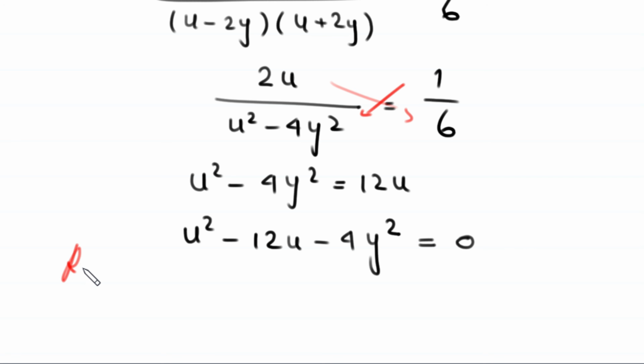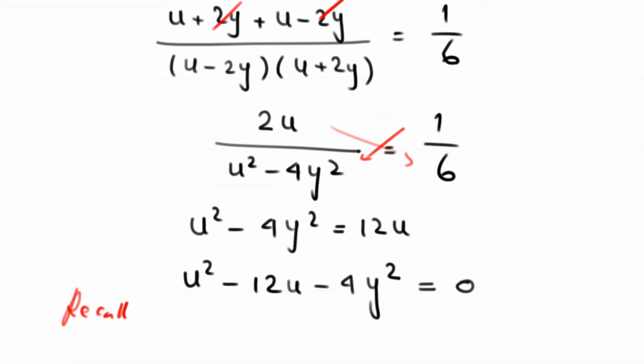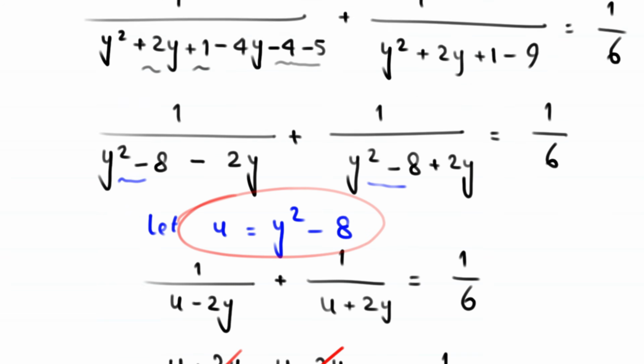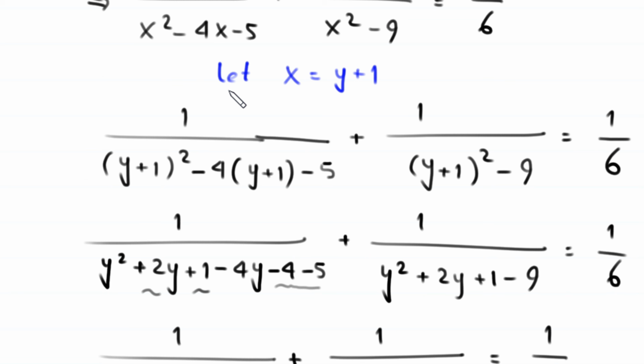Now recall that we have supposed that u is equal to y squared minus 8, and we have supposed that x is equal to y plus 1.